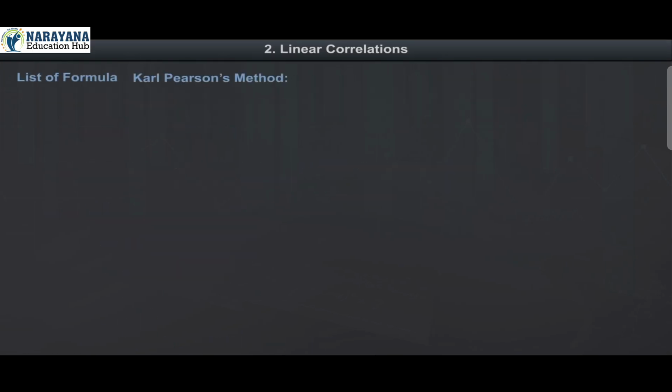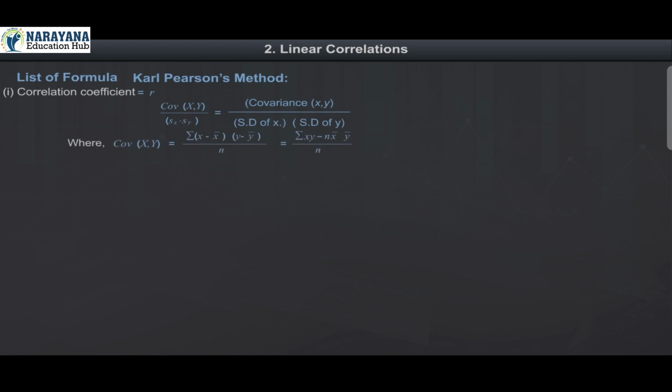List of formulas. Karl Pearson's method. 1. Correlation coefficient r is equal to covariance xy divided by Sx Sy, is equal to covariance xy divided by standard deviation of x into standard deviation of y, where covariance xy is equal to sigma x minus x bar into y minus y bar divided by n, is equal to sigma xy minus n x bar y bar divided by n.